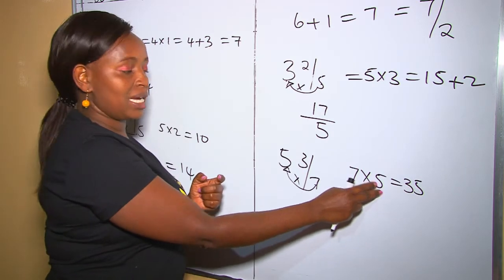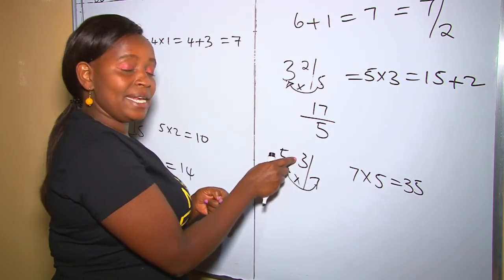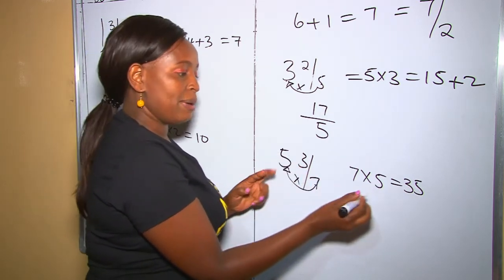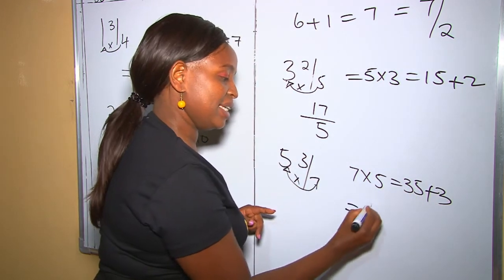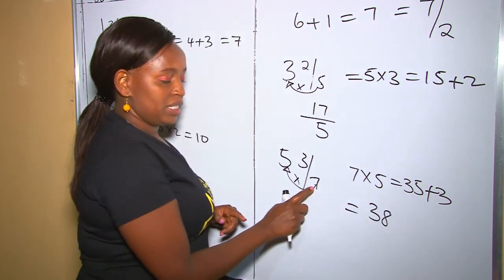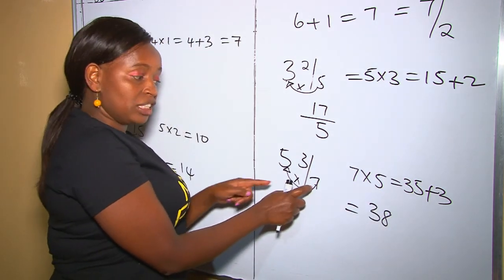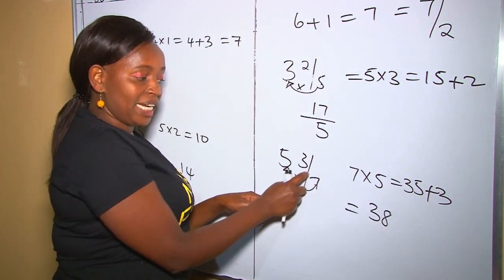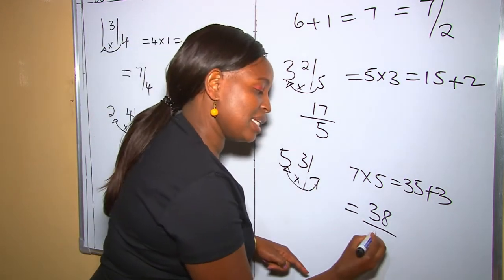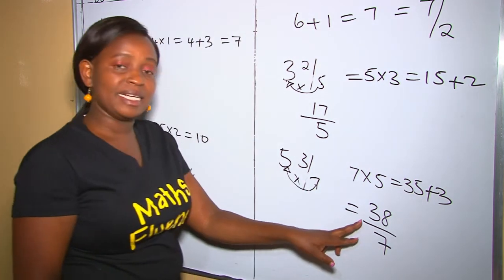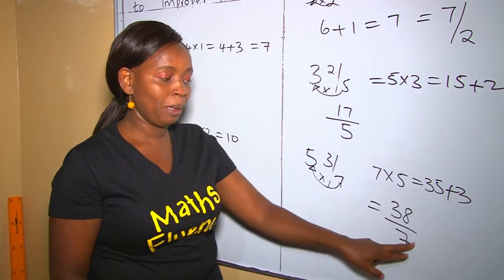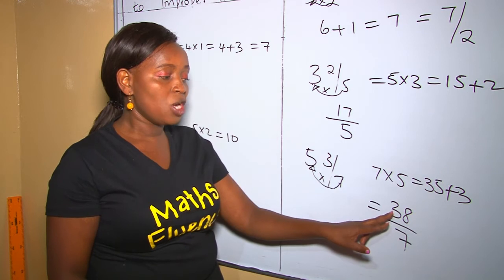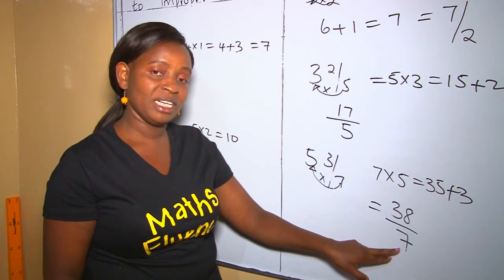After getting the answer, step 2, we add the numerator, and our numerator is 3. 35 plus 3 is 38. Step 3 says our denominator remains. So our denominator is 7. It remains as 7. And the answer is 38 out of 7. As you can see, this is an improper fraction because the numerator is bigger than the denominator.